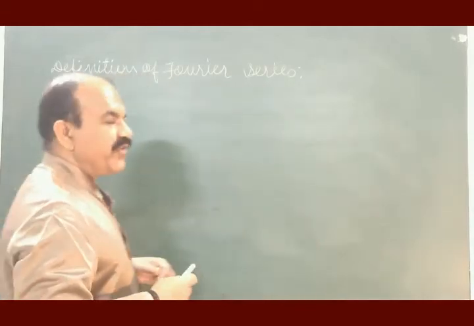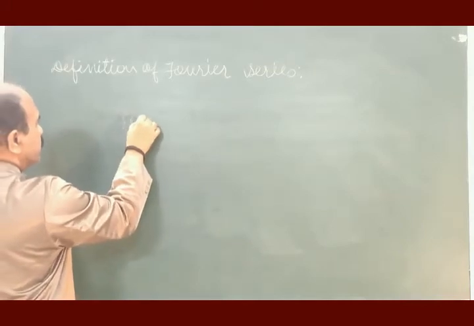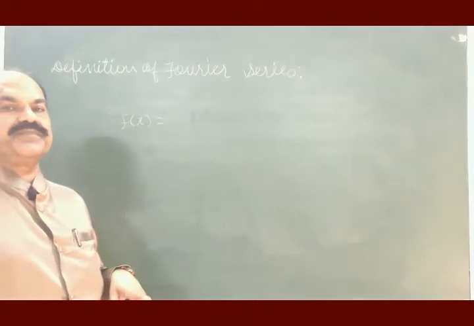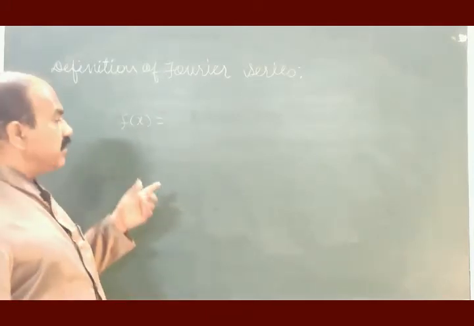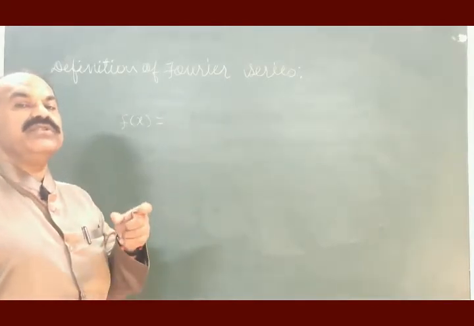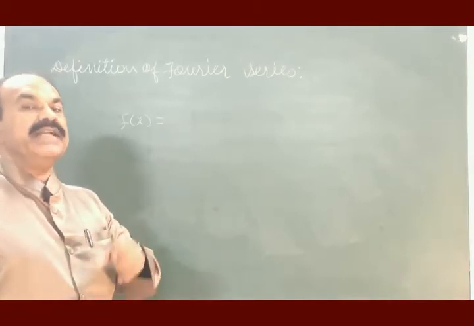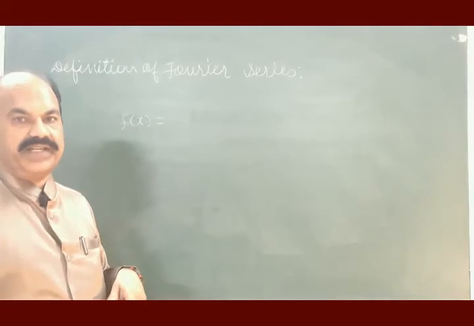Mathematical definition of Fourier series is this: if f of x is a given function, periodic in nature, it may be a continuous function or it may be a discontinuous function with finite number of discontinuities and finite magnitude of the discontinuity.